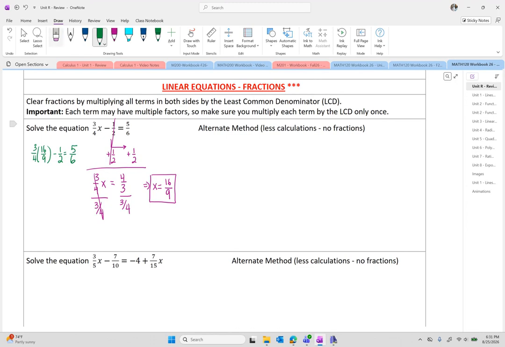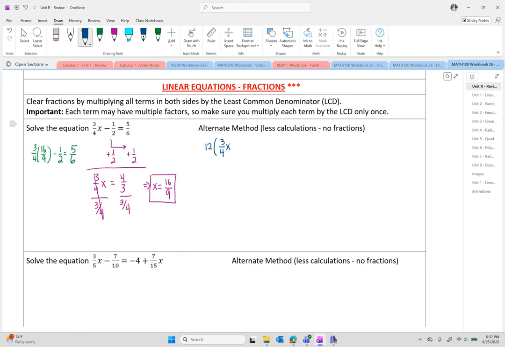This means that you want to look at all the denominators you have, which are 4, 2, and 6, and find a number that can be divided by all of them. The smallest number I can think of that is divided by 4 and by 2 and by 6 is the number 12. So I'm going to multiply both sides of the equation by 12.